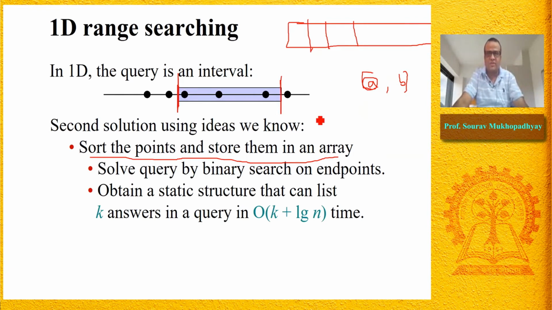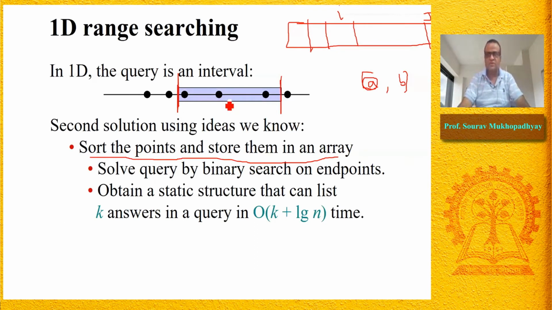It may not be exactly A or B, but at least we get some index where it could be. So some index we get i, and here we get some index j, and we have to return all the points between here. Okay, is this clear?